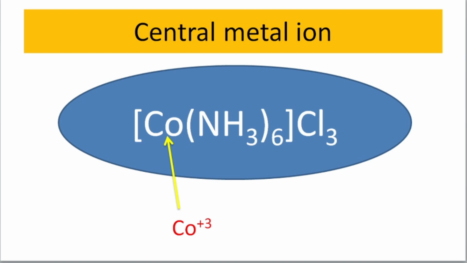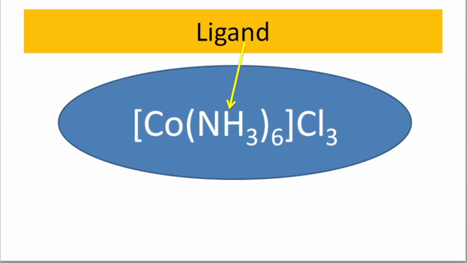Furthermore, spheres also remain. We are studying spheres, but the central portion is our central metal ion. Here in this complex, cobalt plus 3 is the central metal ion, and this central metal ion gets surrounded by species called ligands.